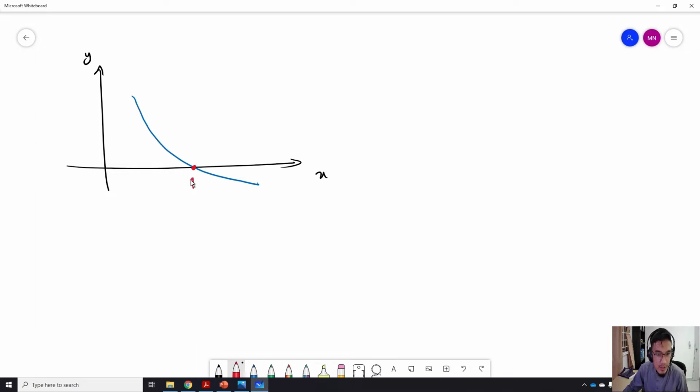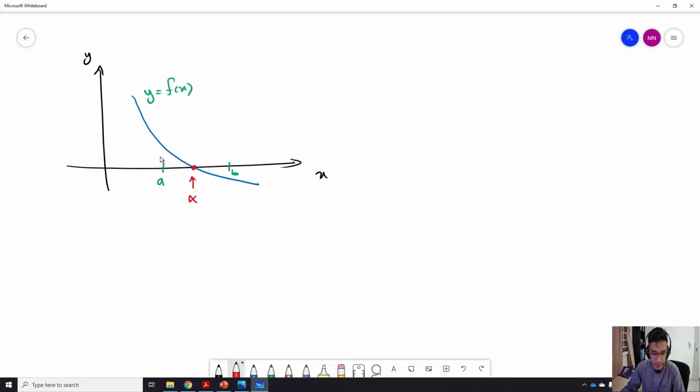Then we label the intersection as alpha, and we can say that the root of the graph lies in between two coordinates. Then the coordinates are written as a and b. So this is the graph of y equal to f(x).